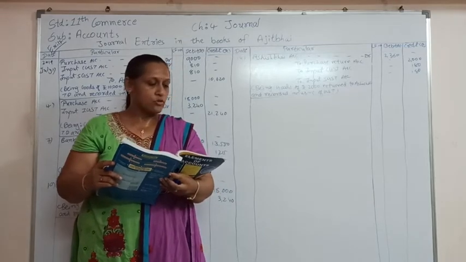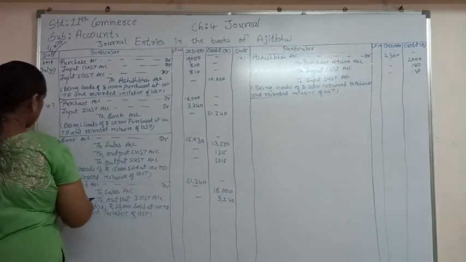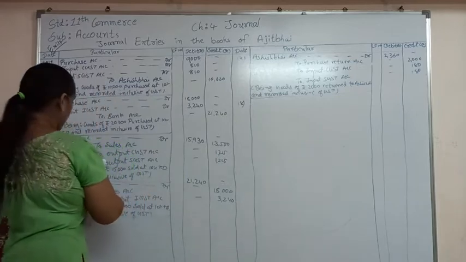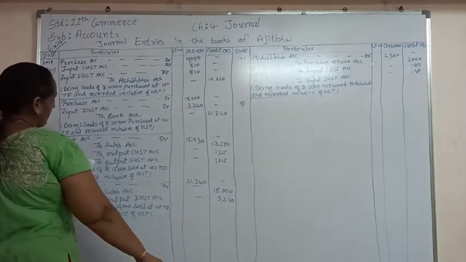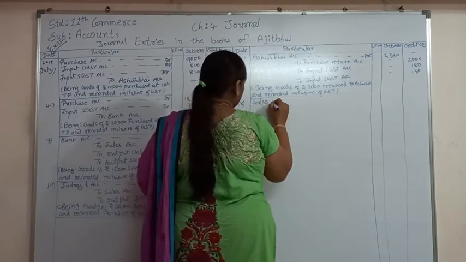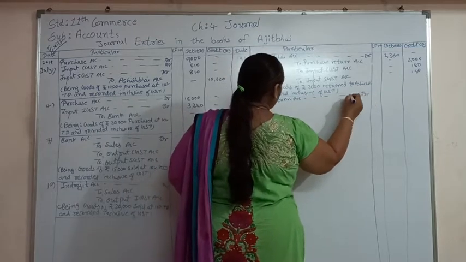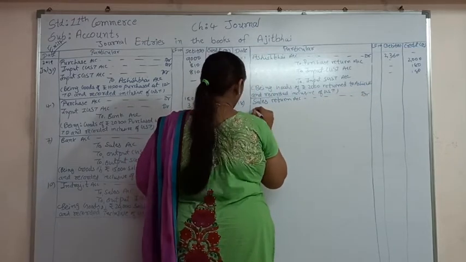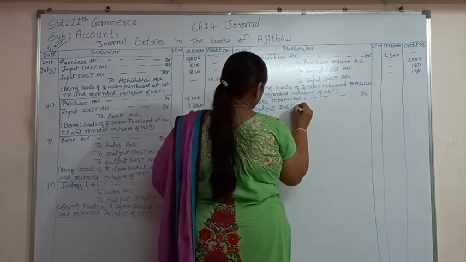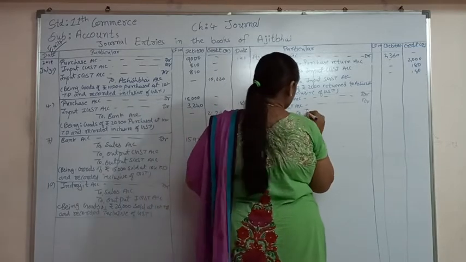Now let's see the next transaction. Goods of rupees 5,000 returned by Indrajit of Indore. So here he has returned the goods, and for that the journal entry is sales return account debit, output IGST account debit, to Indrajit account.